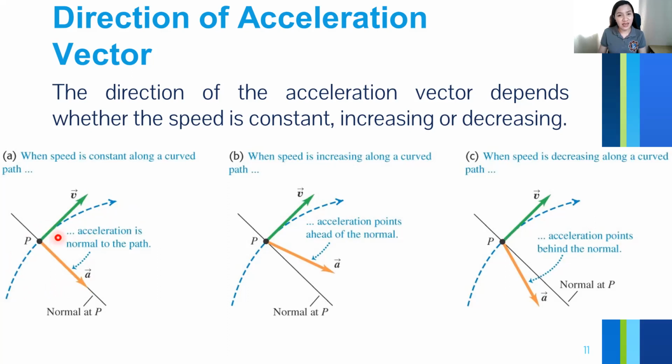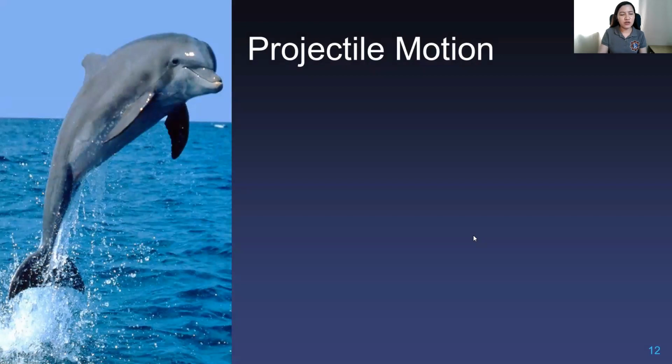The answer is yes, because there is a change in direction. Remember that acceleration is a vector quantity. When speed is increasing along a curved path, this would be the direction of the acceleration vector. And when it is decreasing along a curved path, this would be the direction of the acceleration vector.